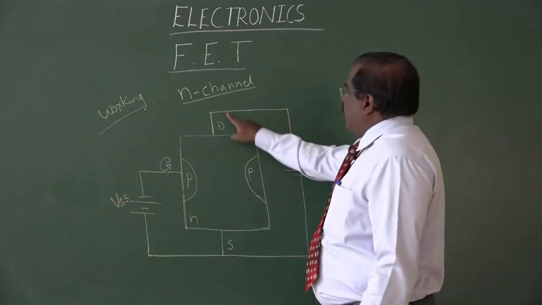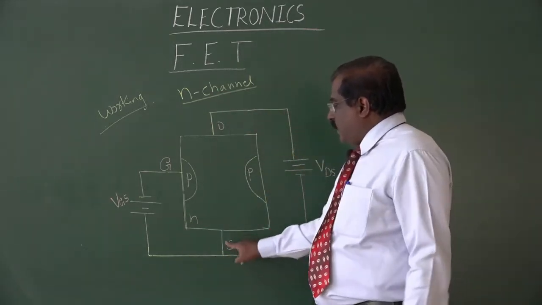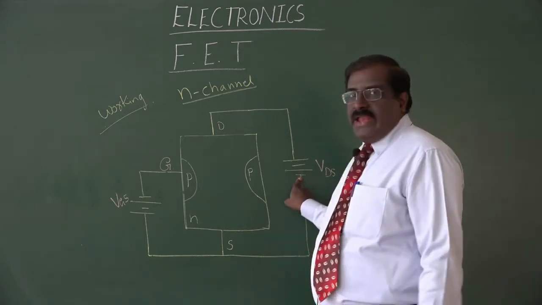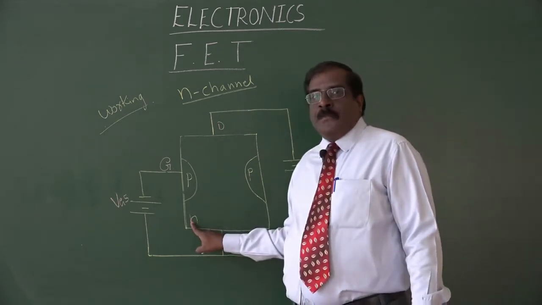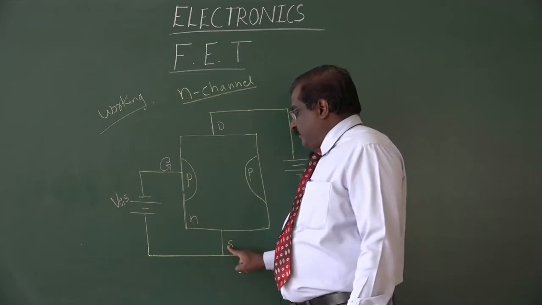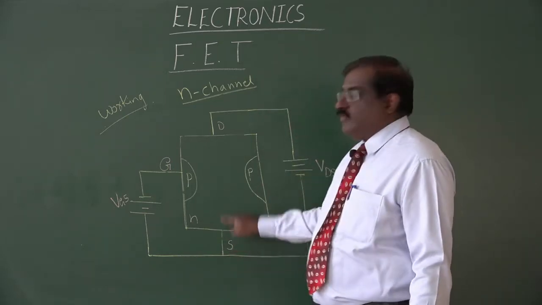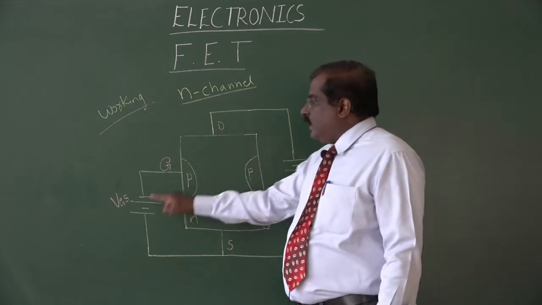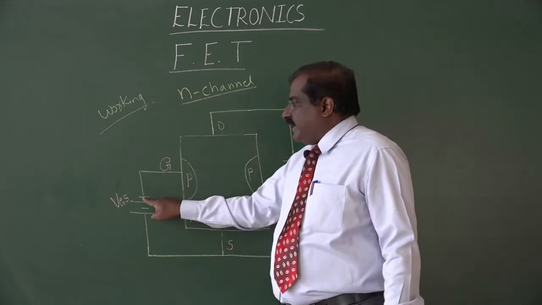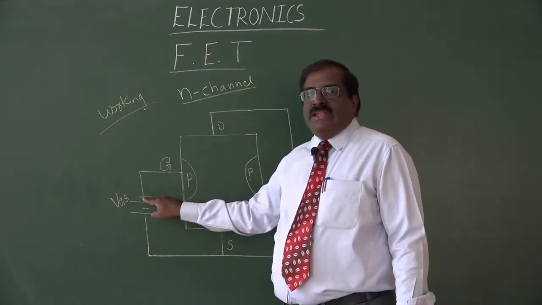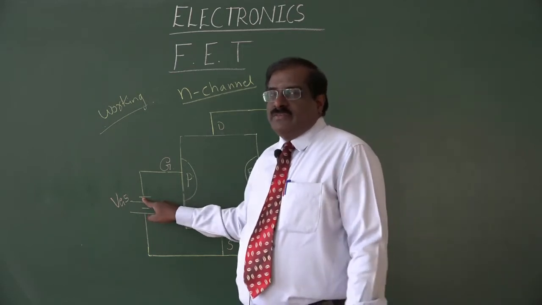Now we connect the source, from which end N is negative. That N is what we declare as the source. From this side it is forward biased. For the P-type, we have connected the negative, and at that time this becomes reverse bias.